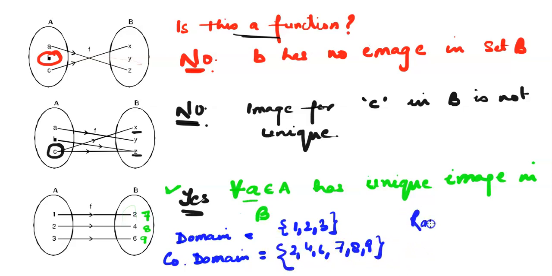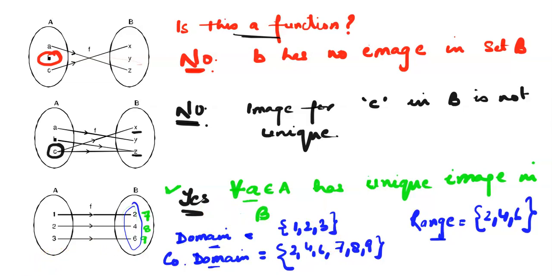And what is the range? It's 2, 4, and 6, because 2, 4, and 6 are the images, or have a relationship from set A. So there's a domain, there's a codomain, and there's a range.